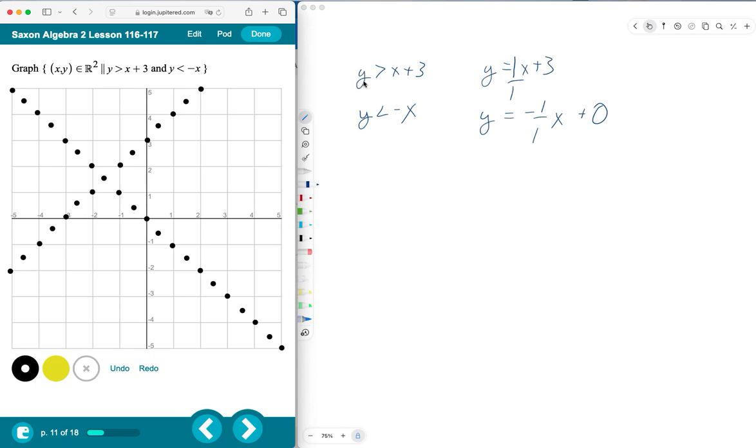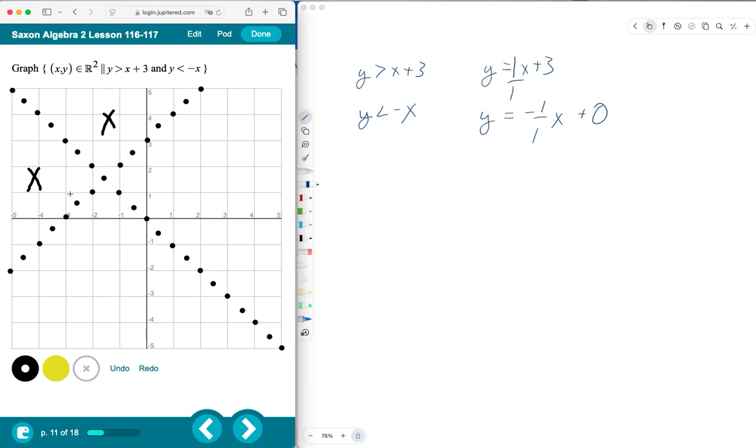Now I look at my inequality symbol. This one says I want all the points above x plus 3, which I know is this line because of the 3 right here. So that means all of this and all of this. But I want all of the points below this line, which crosses the 0.